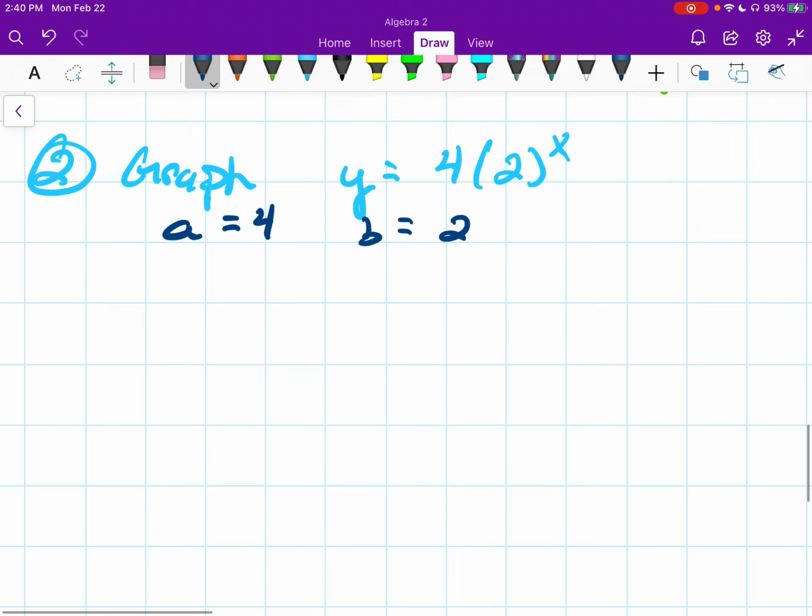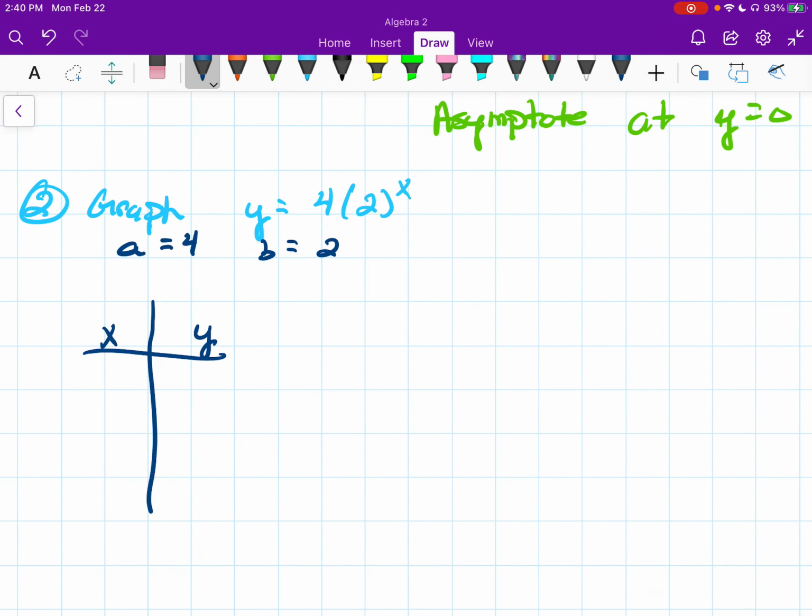Let's again look at an XY chart. This one I'm not going to do quite as many as we did last time. Let's do like -1, 0, 1, and 2. Whenever I plug a -1 in there, it's going to be 4 times 2 to the -1. So that's going to be 4 over 2, which is 2.